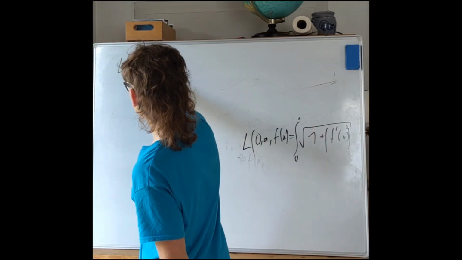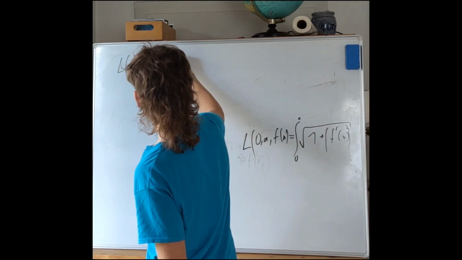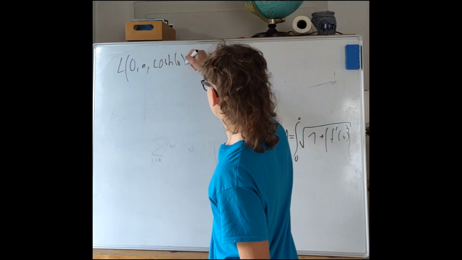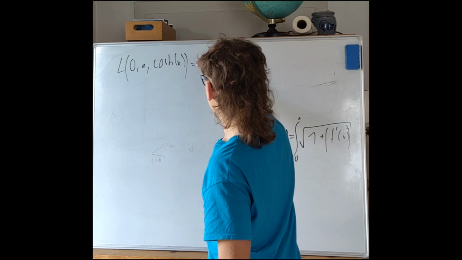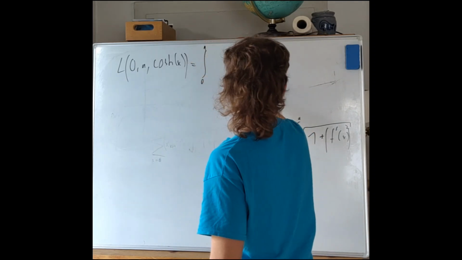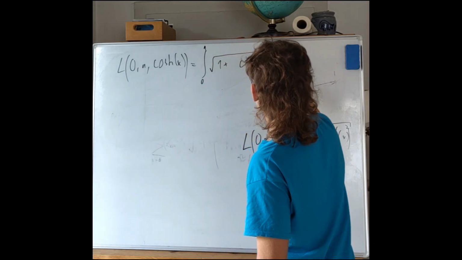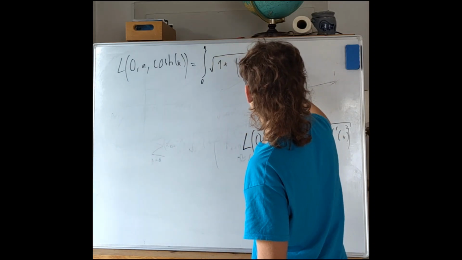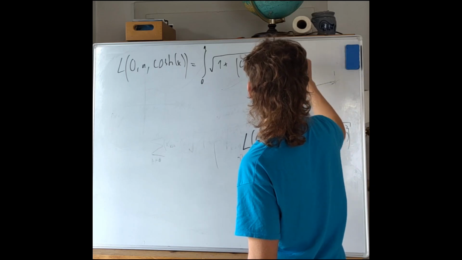So we want to find out L of 0 to a of cosh of x, the hyperbolic cosine, I don't know if I said that right. And we get the integral from 0 up to a of the square root of 1 plus the derivative of cosh of x, squared.